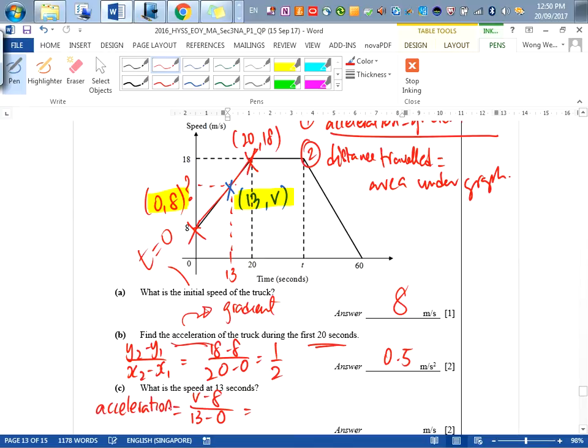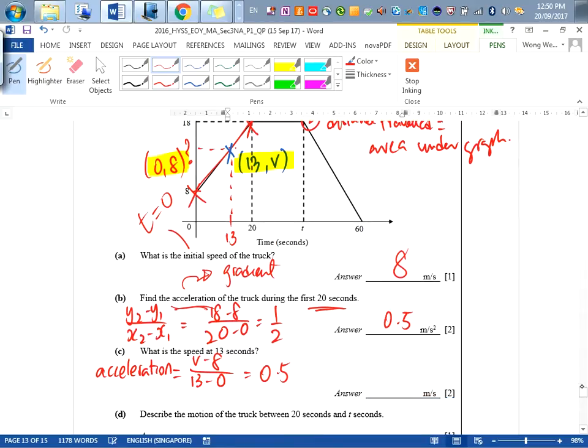Right now, acceleration is gradient, right? We take V minus 8 divided by 13 minus 0. This should give me 0.5. So now I can solve for V by taking V minus 8 equals to 13 times 0.5. Continue to solve, V will be equals to 14.5.